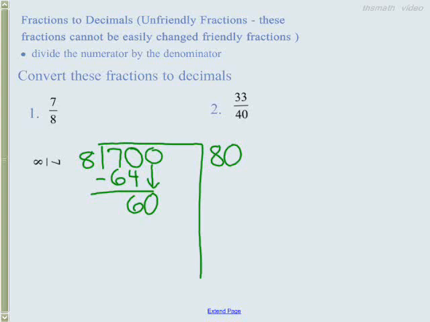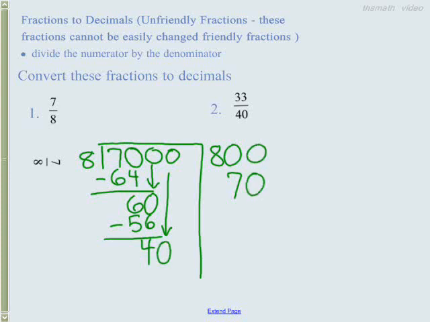Now I think to myself, how many times will 8 go into 60? It'll go in 7 times. 8 times 7 is 56. 60 minus 56 is 4. Again, I want to add a 0 here that I can bring down. But now I have to add zeros to each of these numbers here. And 8 goes into 40 5 times.